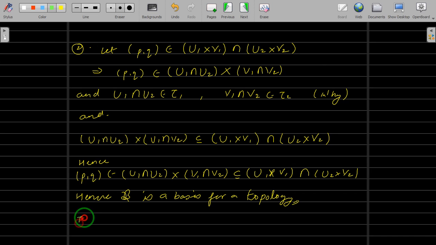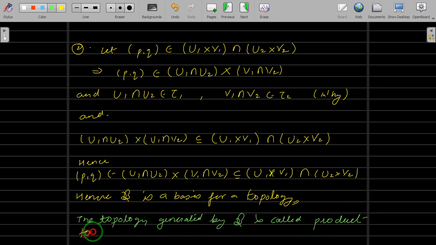So the topology generated by this script B is called the product topology on X cross Y. So remember that this is how we have defined this set.